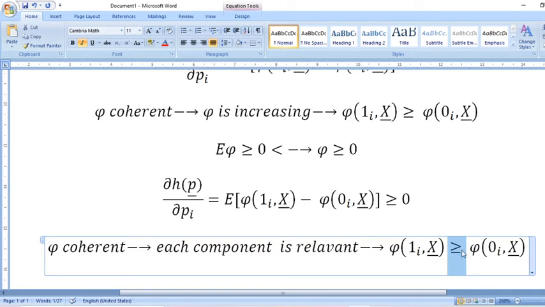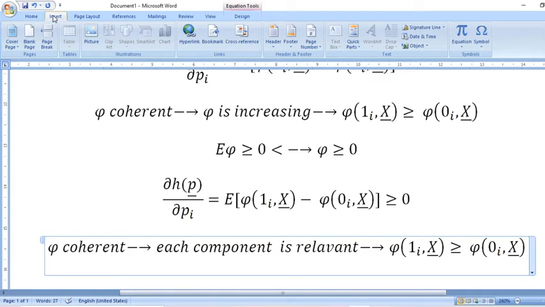What is meant by relevancy? Phi is coherent means each component is relevant.